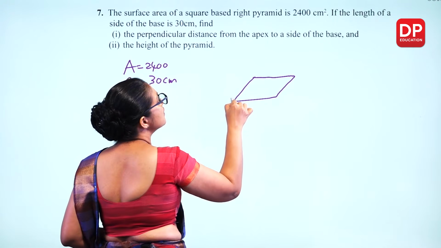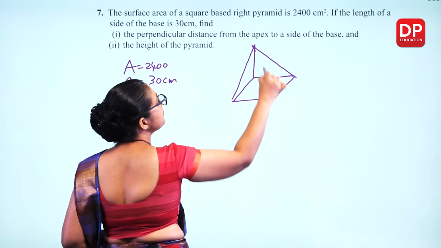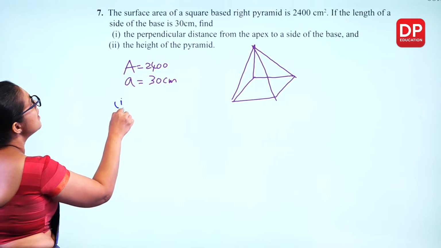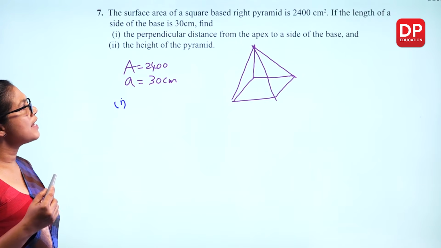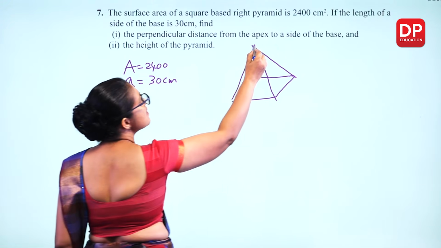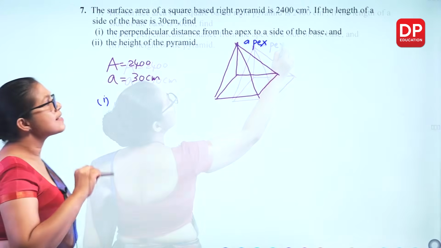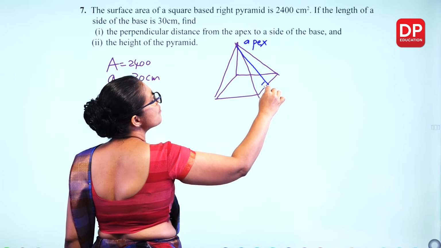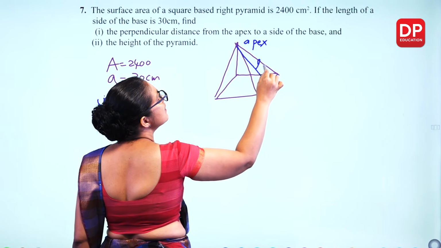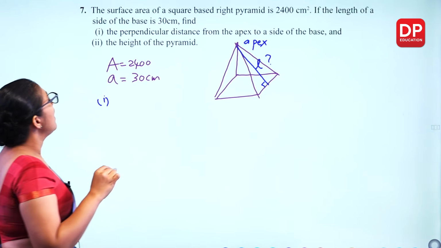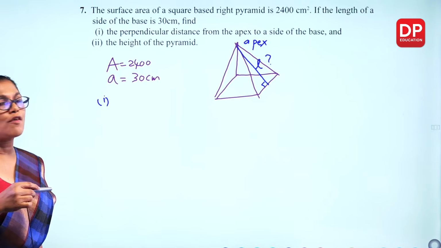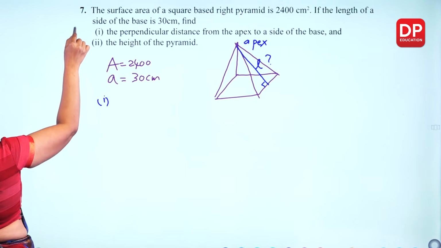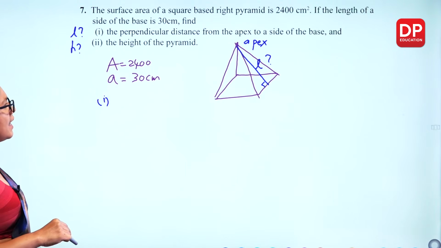When you draw the pyramid, the first part says find the perpendicular distance from the apex to the side of the base. That means L. And the second part says the height of the pyramid. That means H. So here we need to find H, here we need to find L.